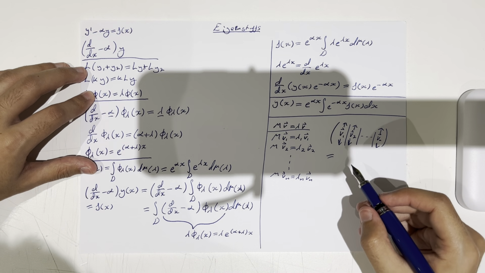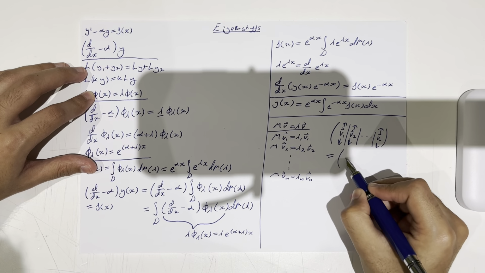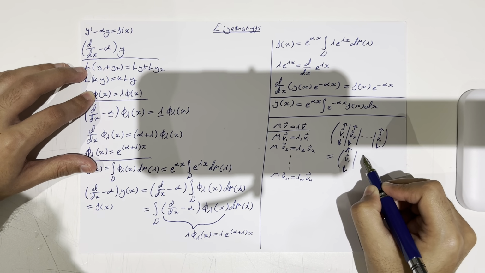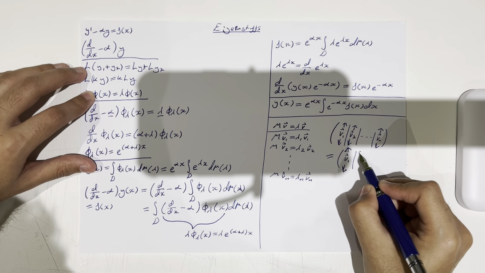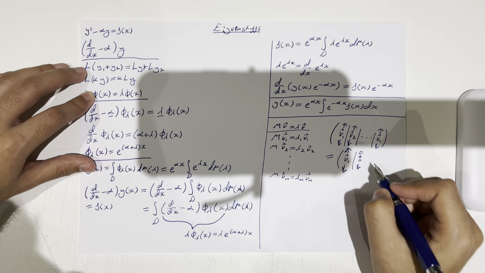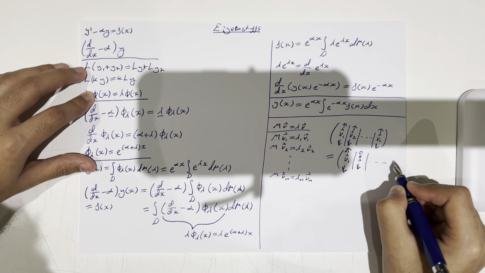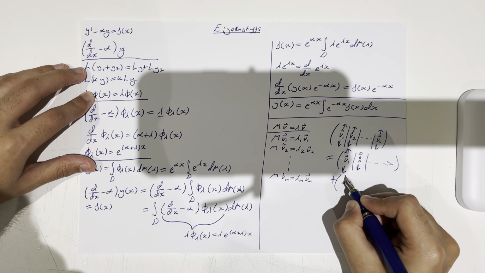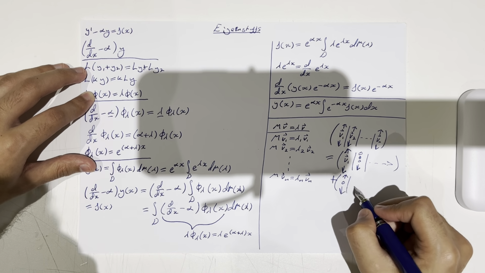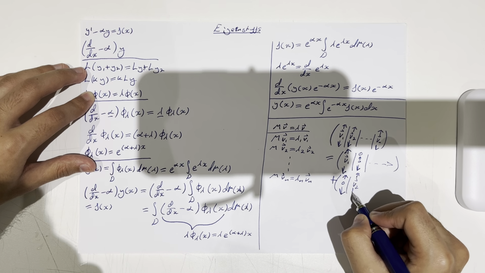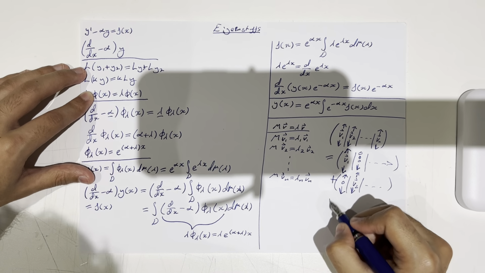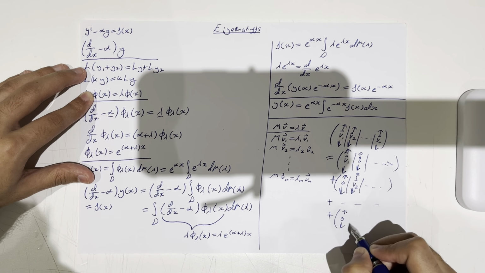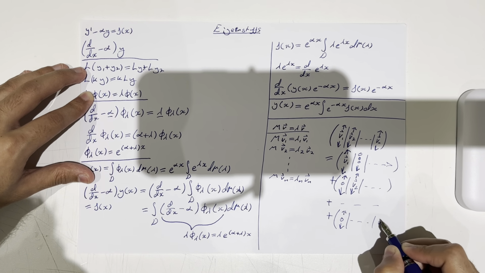This can be written as v1 and then zeros all the way along, so 0, 0, 0, and zeros going that way too, plus zeros, and this is quite an obvious idea, but it turns out to be quite powerful. Zeros and vn.